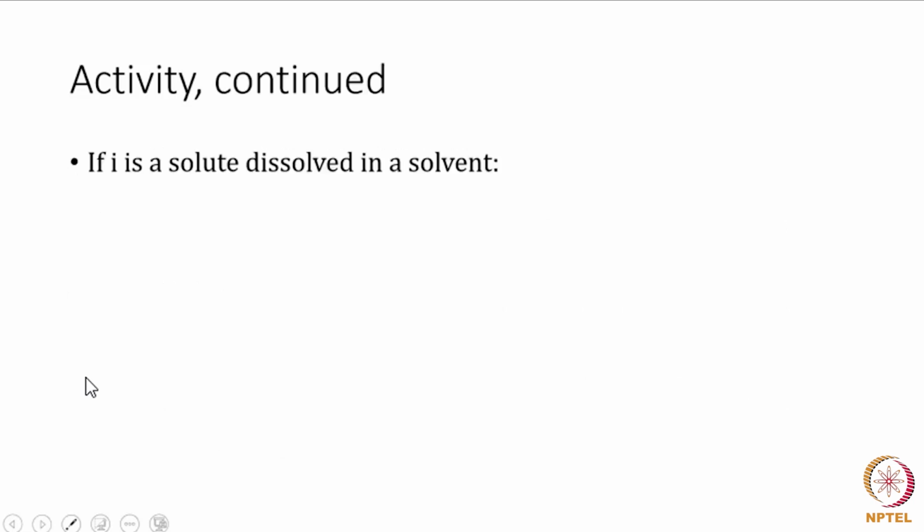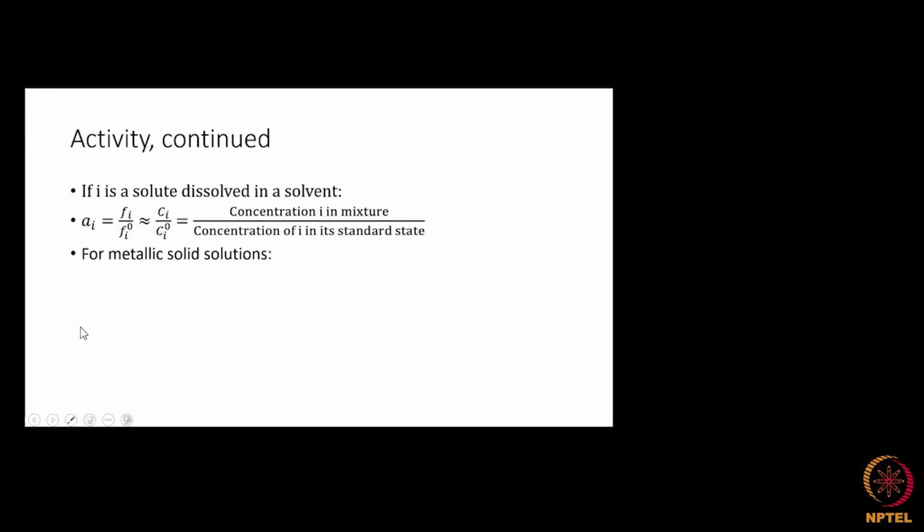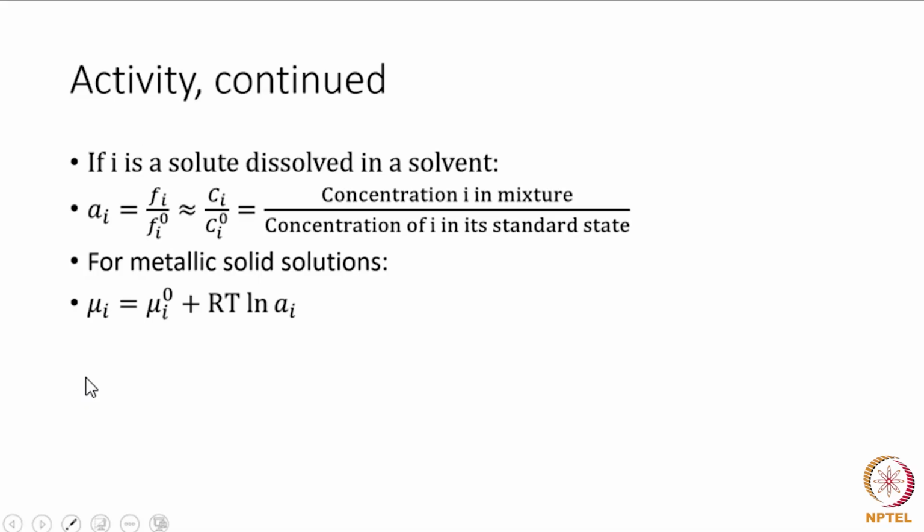If I is a solute dissolved in a solvent, then the activity can be defined as the ratio of the concentrations. So Ai is equal to the concentration of I in the mixture divided by the concentration of I in its standard state. And for metallic solid solutions, we define the chemical potential expanded in this form: mu I is equal to mu I naught plus RT ln Ai, where Ai is the activity of the species I in the solid solution.